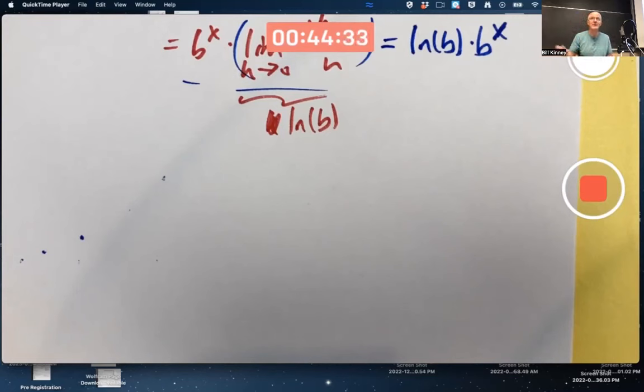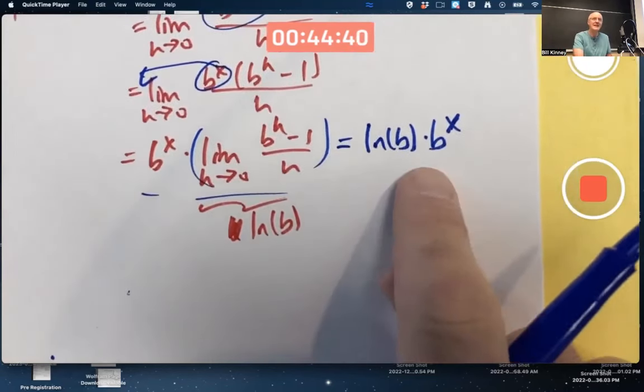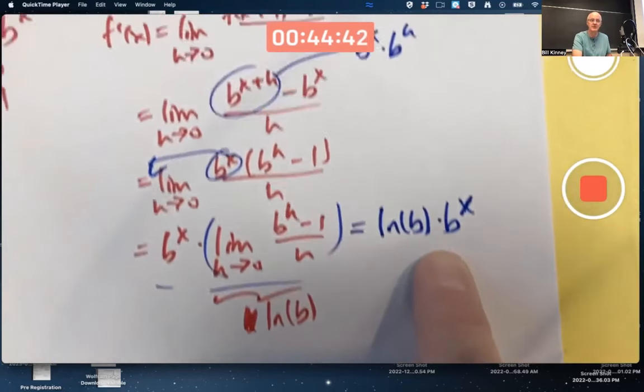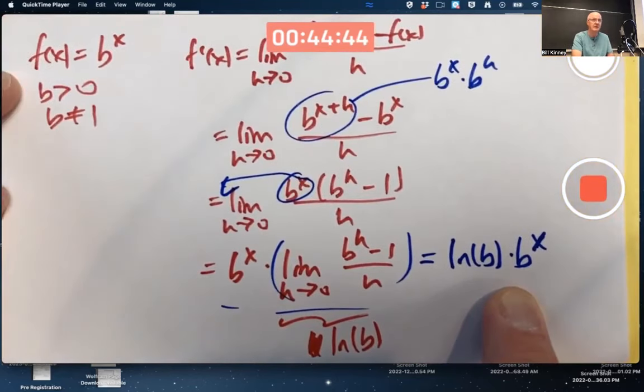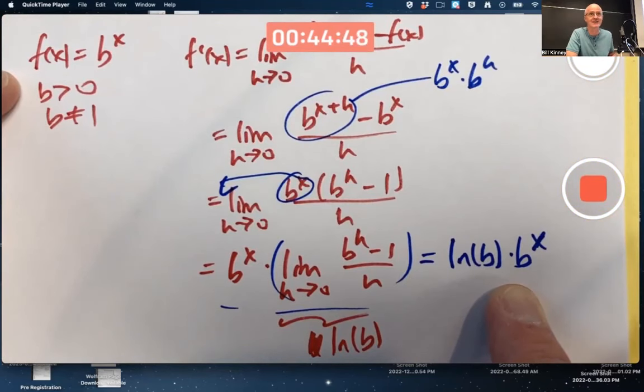That's still the same graph, and so its derivative still has to have a similar shape. But it's not the exact same function as the original function unless b equals e. That's why e is special. One of the reasons. Not the only reason.